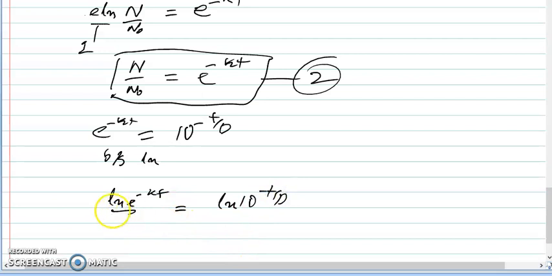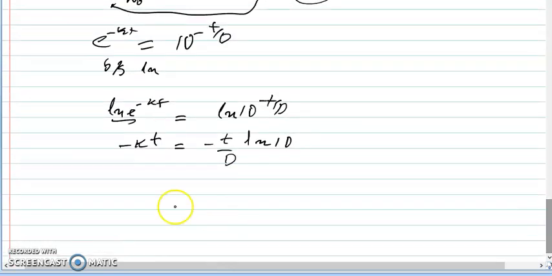We know ln e is equal to 1, so we can write kt is equivalent to t ln 10 divided by D. This is simple math.